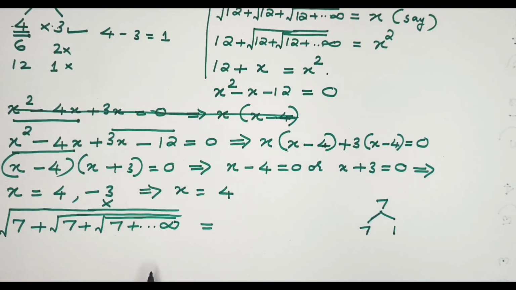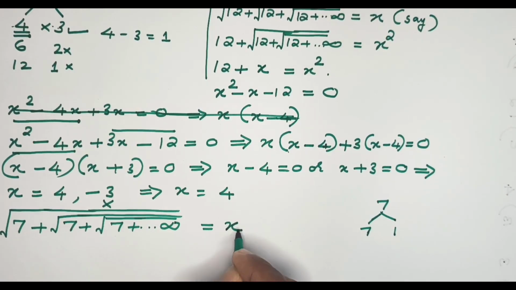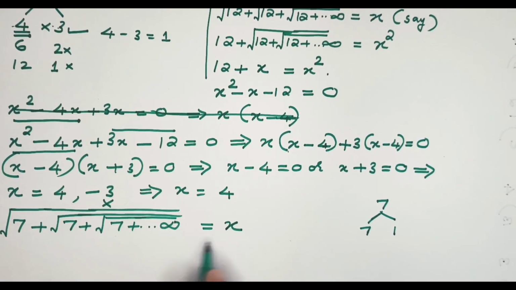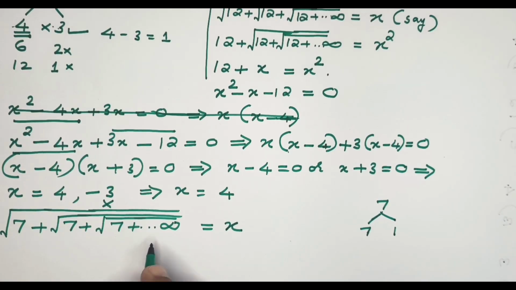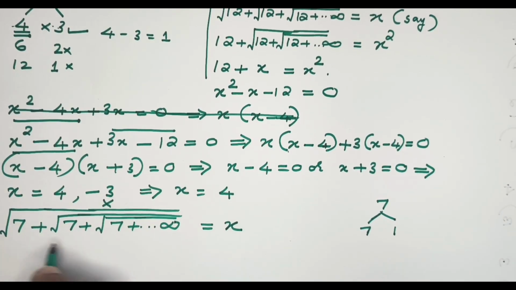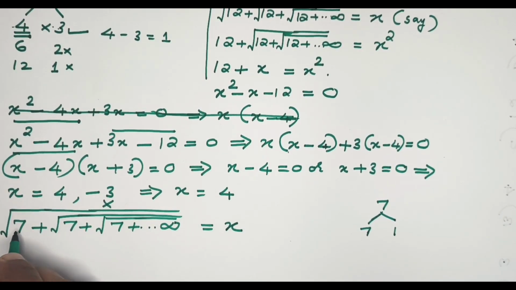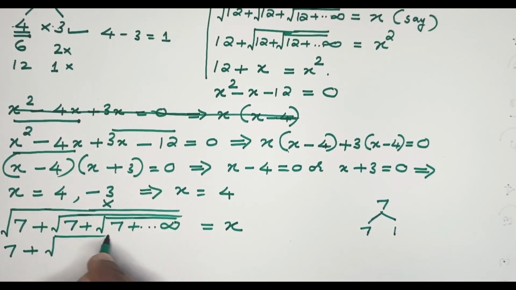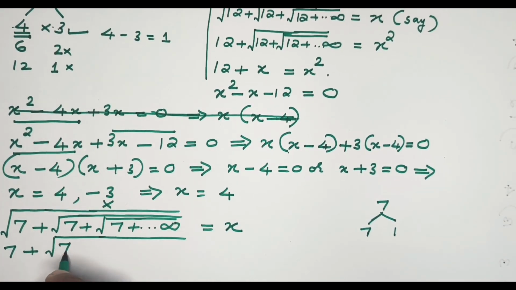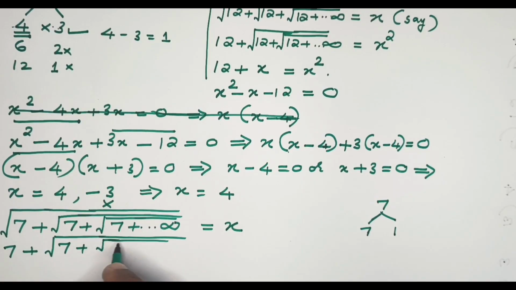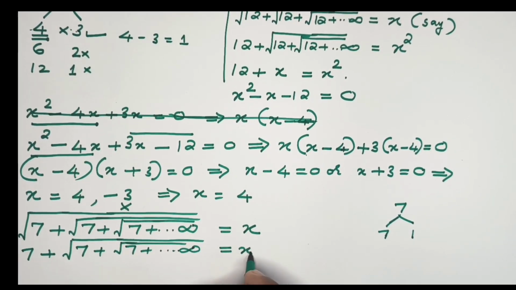Given a problem like this, like we did in the longer approach before, you write it as x, then square it. While squaring, you will get the first root sign removed and 7 will be left over. And the remaining terms will go like this: 7 plus root 7 plus, it goes up to infinity, equals x. This part is just x.